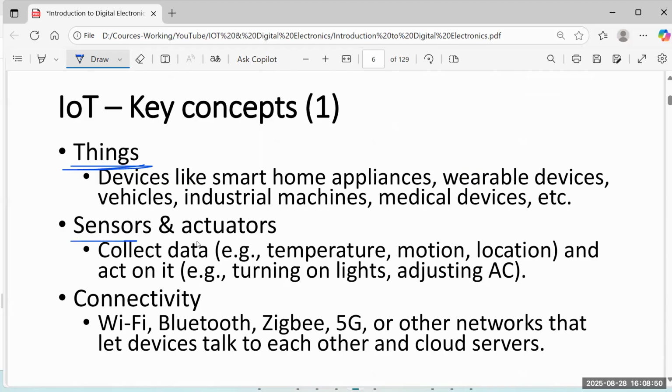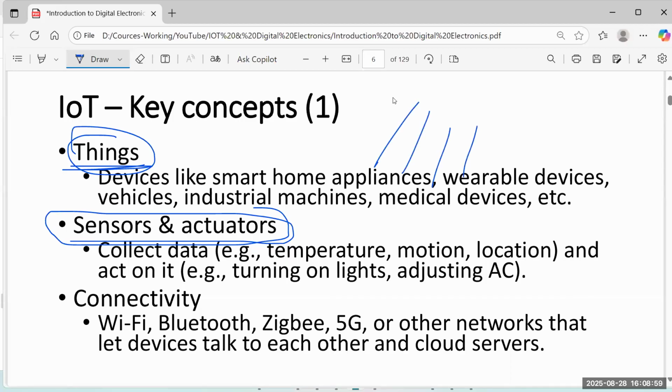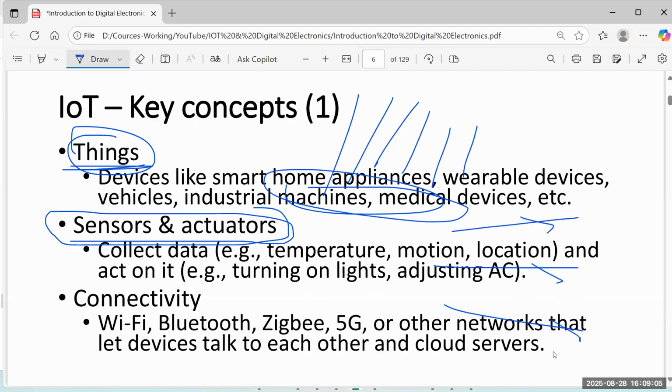And we use sensors and actuators inside those things or separately. Sensors can receive signals, so changes in the environment can be detected by sensors, and actuators can do certain things like closing or opening the door, running the fire alarm. And of course, we need connectivity so that these things can be interconnected and then connected to the internet.